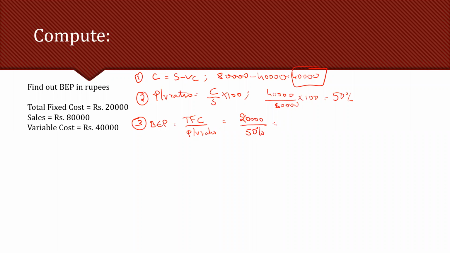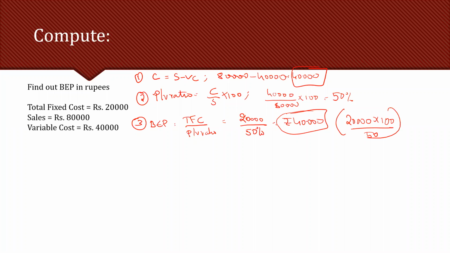How much is that? Rupees 40,000. How did you get that? 20,000 into 100 divided by 50. 40,000 rupees.